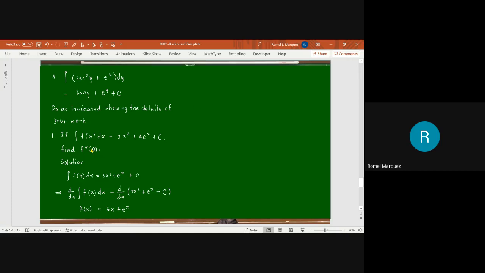The second derivative of f of x is equal to 0 plus the derivative of e to the x, which is e to the x. So we can now find f double prime of 0. Therefore, f double prime of 0 is equal to, so we replace x by 0, so e to the 0. And that is equal to what?